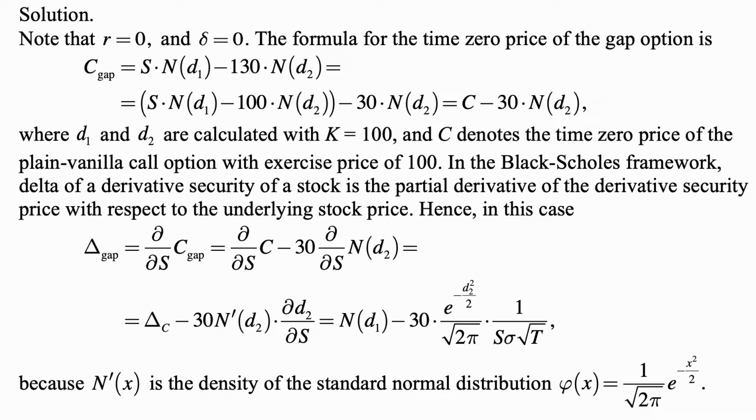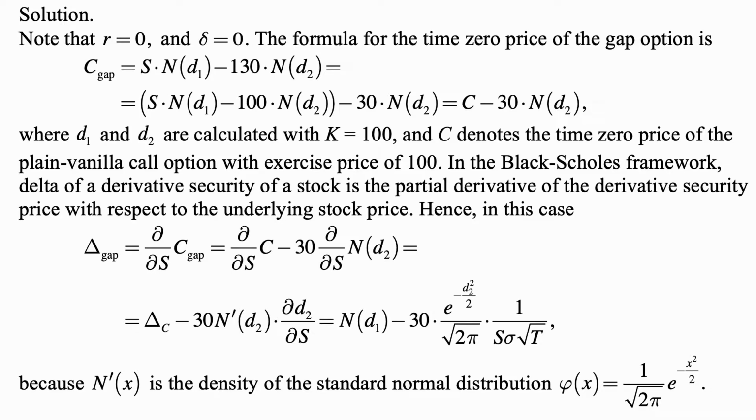In the Black-Scholes framework, delta of a derivative security of a stock is the partial derivative of the derivative security price with respect to the underlying stock price. In this case, delta of the gap option is, because of being able to write that price as the difference of the two, the delta of the regular call minus 30 times the partial derivative with respect to S of N of d2.